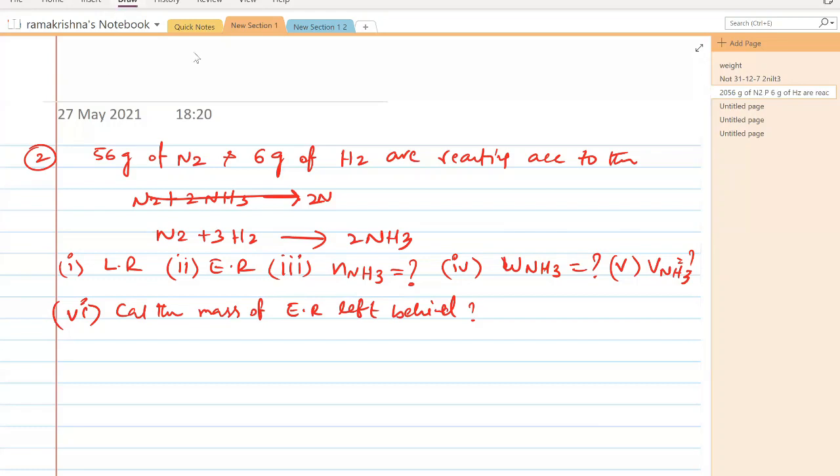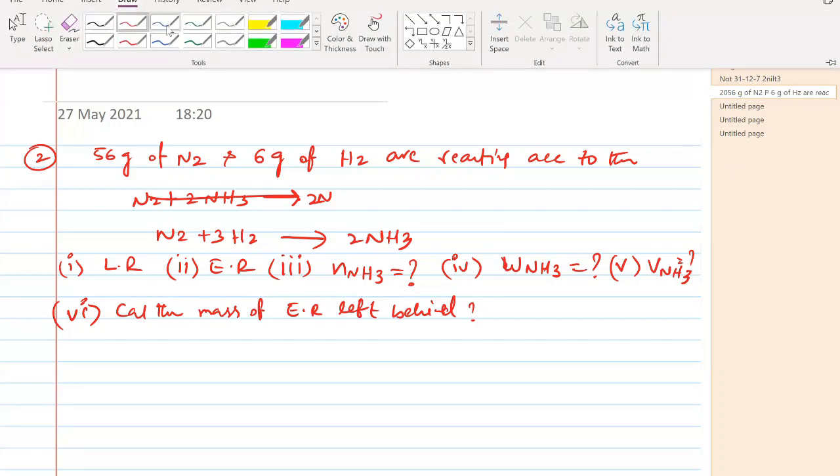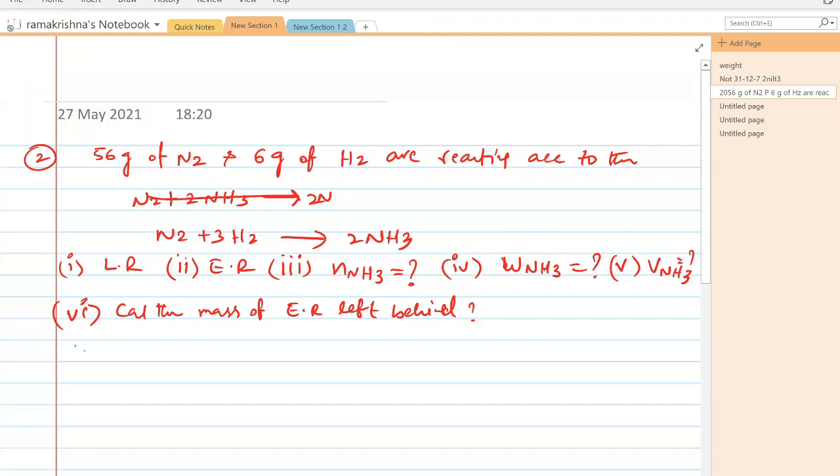The first thing we have to do: they have given the balanced equation, case 1. What is the balanced equation? N2 + 3H2 gives rise to 2NH3. First, we write the stoichiometric coefficients 1, 3, and 2.